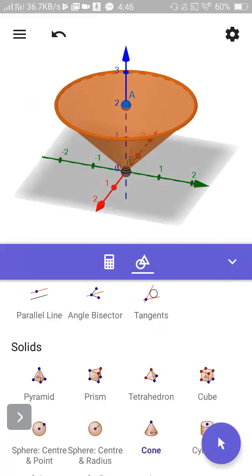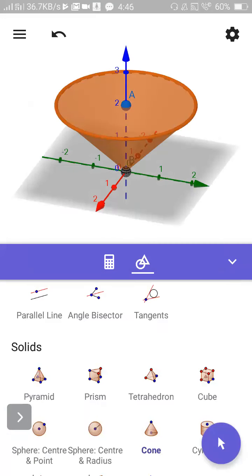Can somebody tell me, I am going to make a theta of 65 degree with the same height. With the same height, what I have to do? My height is not going to change, but my theta has to increase. What can I do?